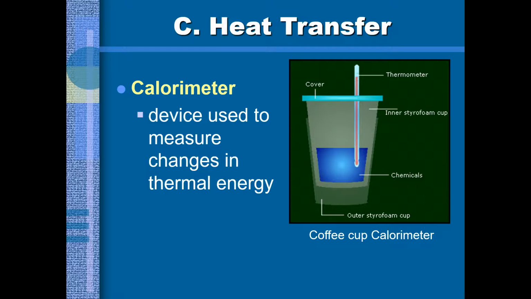But actually, 2 coffee cups made out of styrofoam is actually very good. It's a device used to measure changes in thermal energy by having it well insulated. So the purpose of styrofoam is to prevent heat from transferring.